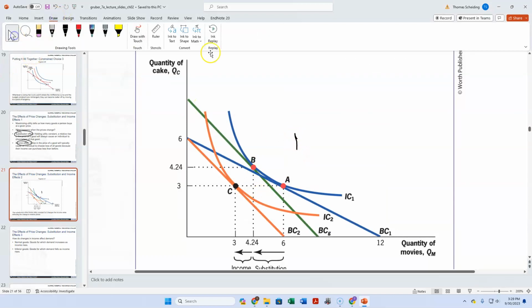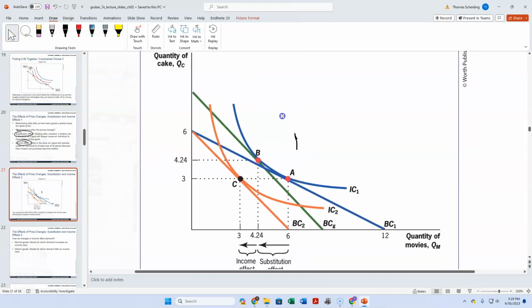So what's going on here? We've got our original budget constraint here, which is BC1, and our original indifference curve, which is IC1. Two things are going to happen here.